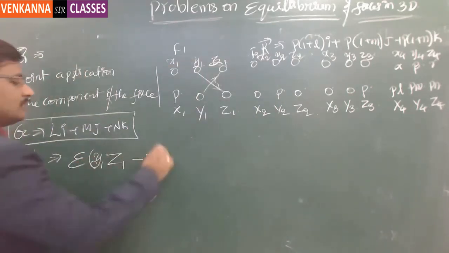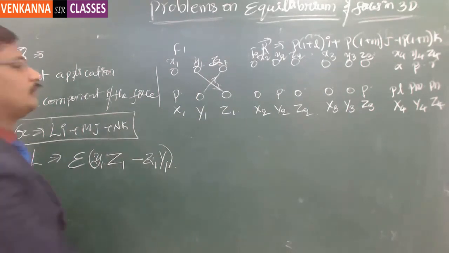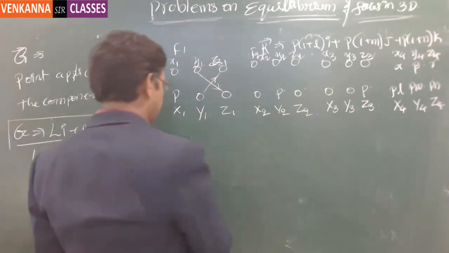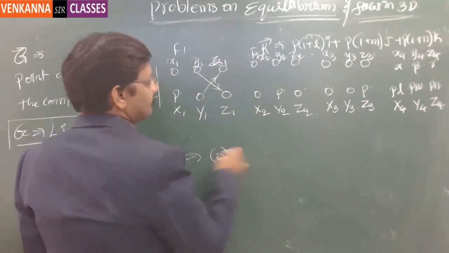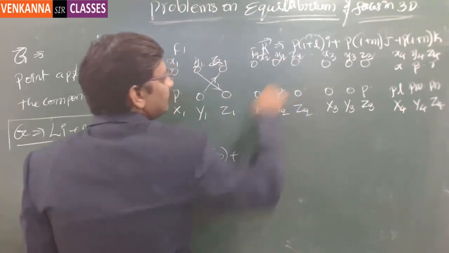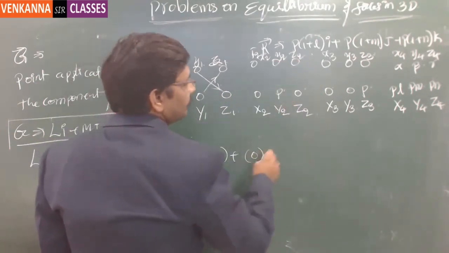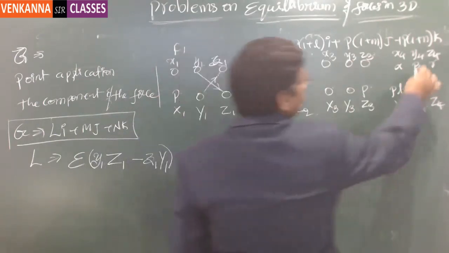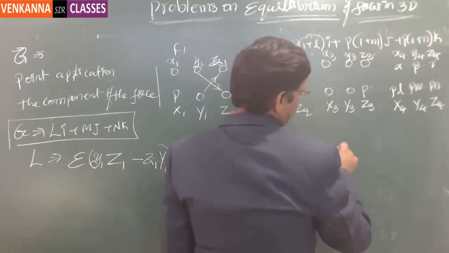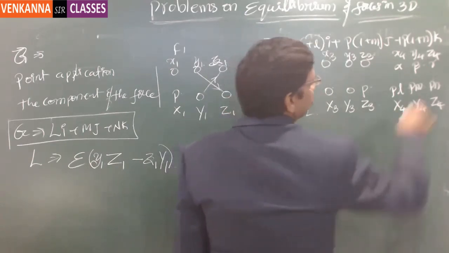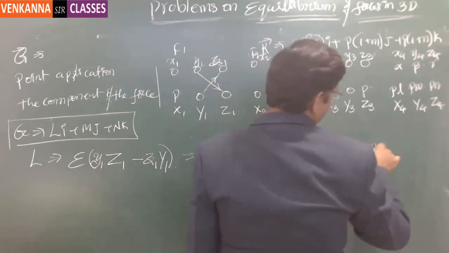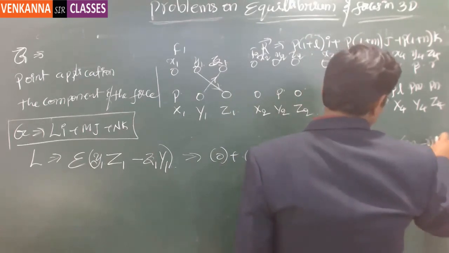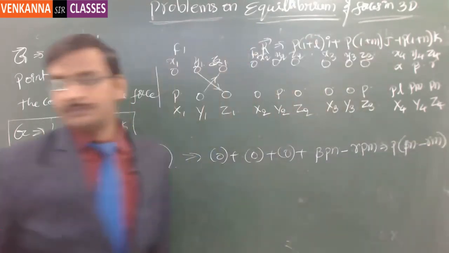For this, if you calculate 0 into 0 minus 0 into 0, this is 0, plus 0 into 0 minus 0 into P, this is again 0, and this is also 0, and this one is beta into Pn minus gamma into Pm. So this is P times beta n minus gamma m. So this is the L part of it. Got it?